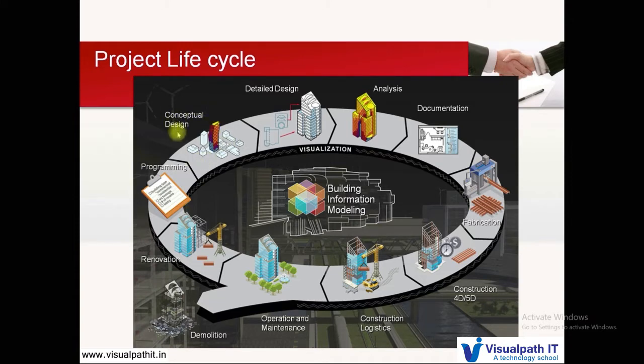He gets the input of the client and designs the concepts. Once the concept is designed, the drawings are generated, and the documentation part is generated in 2D, as you saw just a few minutes before.